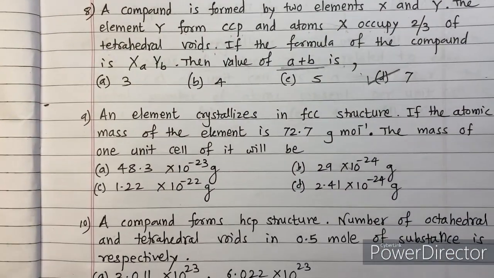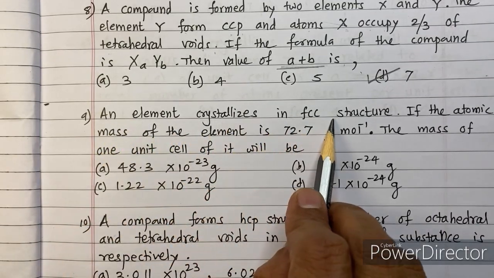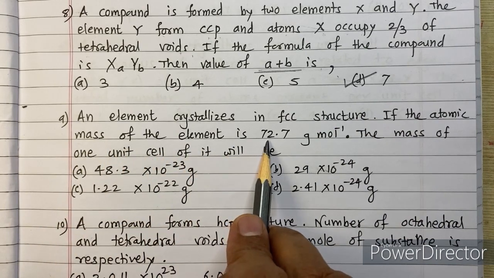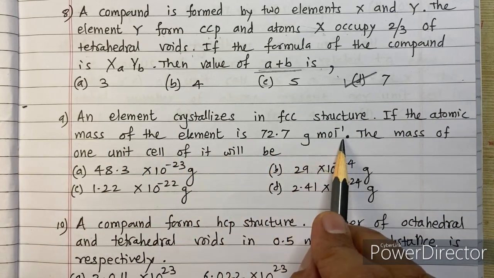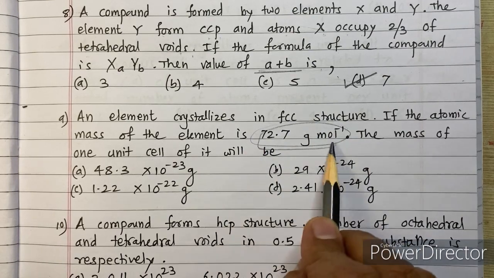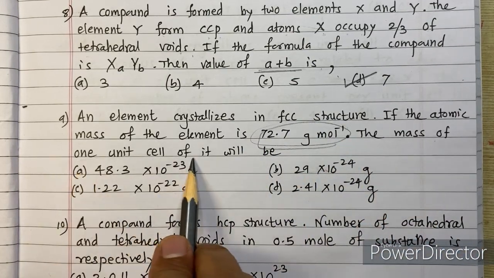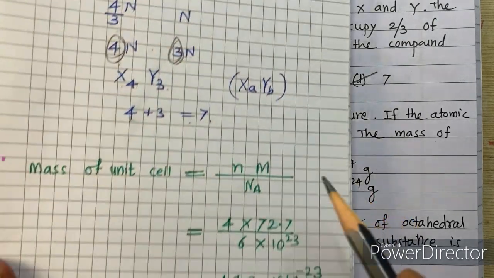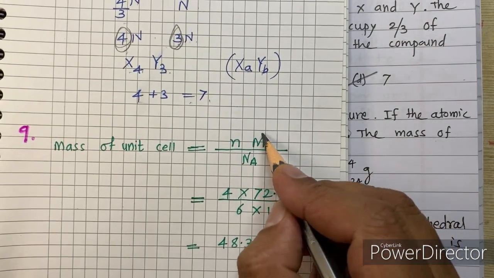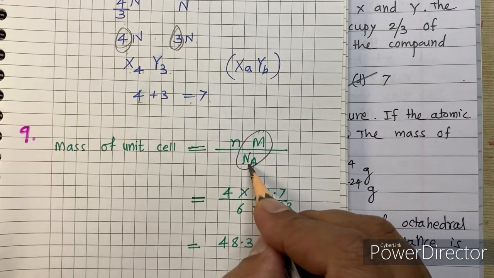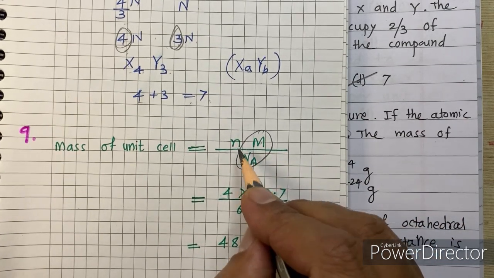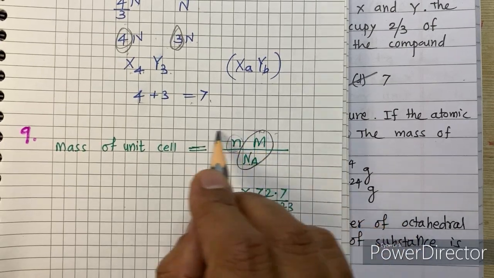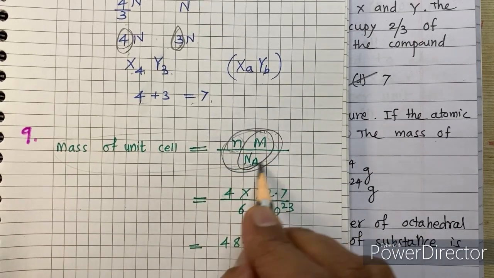Next MCQ, an element crystallizes in FCC structure. If the atomic mass of the element is 72.7 gram per mole, the molar mass is given, the mass of 1 unit cell of it will be. Now, you know that the mass of 1 atom is molar mass divided by Avogadro's number, and a unit cell contains n number of atoms, that is the mass of the unit cell.